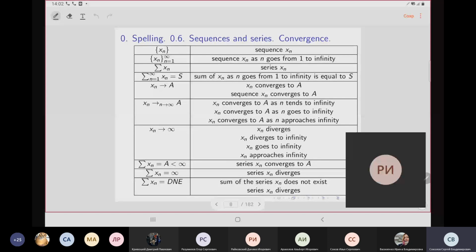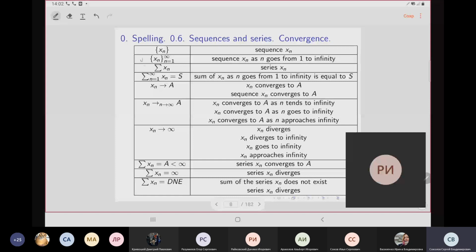Next one, some sequences. Sequence x n as n goes from 1 to infinity, like this. If we calculate the sum of the sequence, we get a series. If this series converges, we can say that the sum of xn as n goes from 1 to infinity is equal to s.